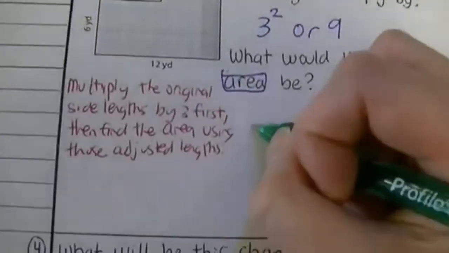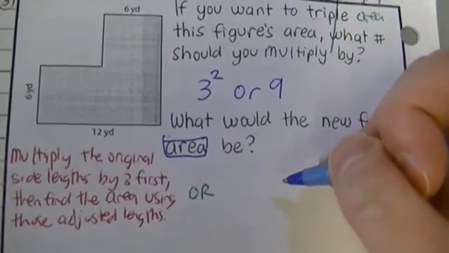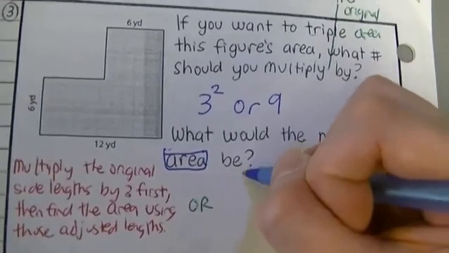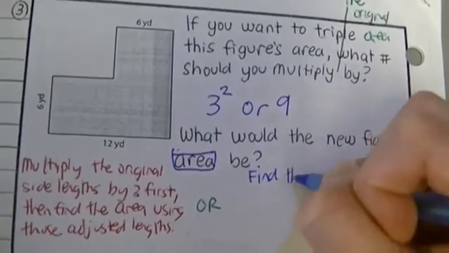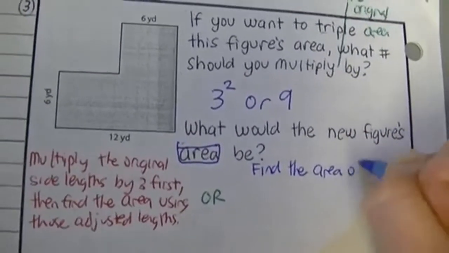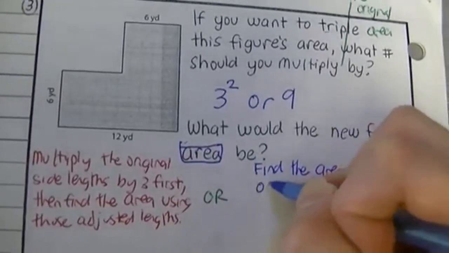Okay, another way that you can do this is find the area of the original and then multiply that area by 3 squared to triple it. Go ahead and do either one of those.